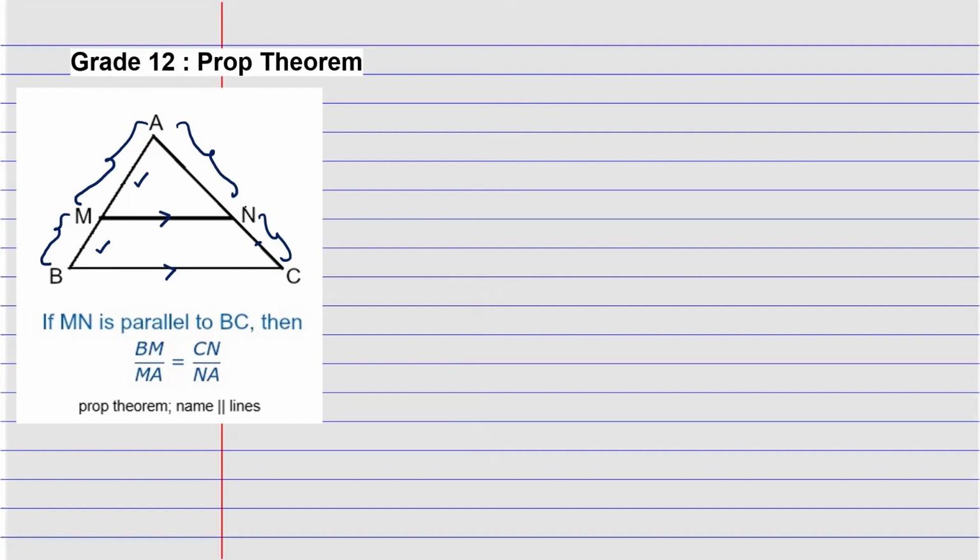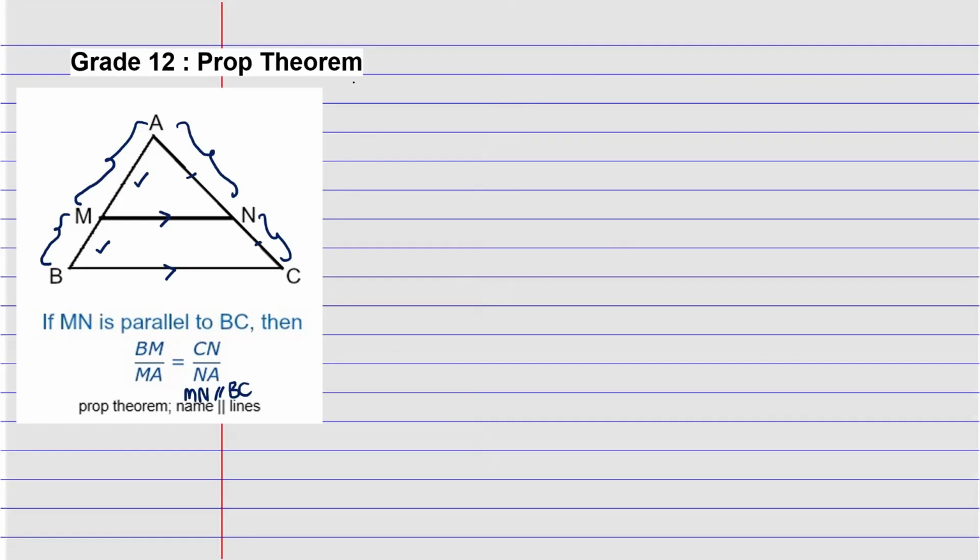And the reason for that, you're going to say proportionality theorem, and you're going to state the parallel lines. So in our case, you state the proportionality theorem, then you say that MN is parallel to BC. Does that make sense? Also with this, you can change it up.